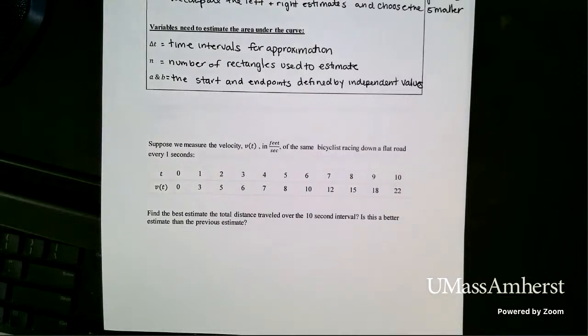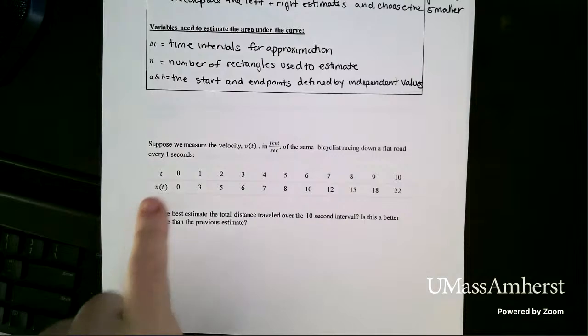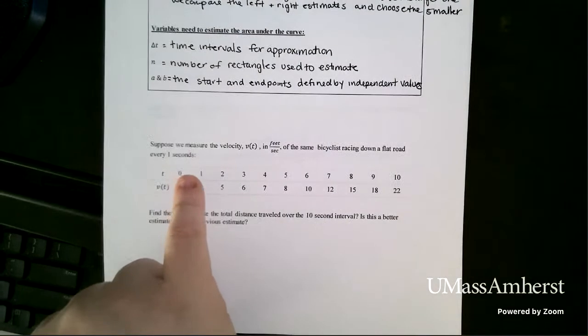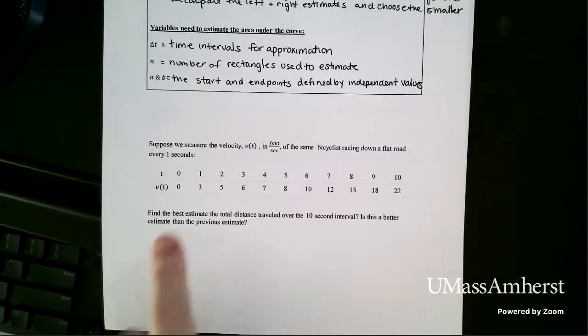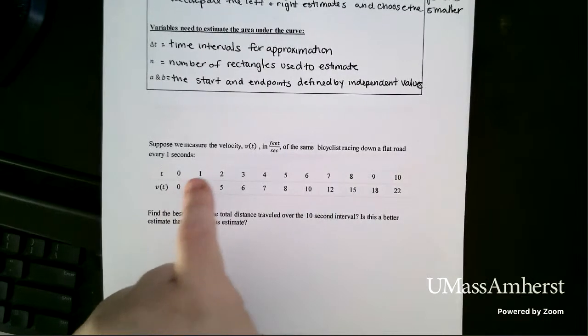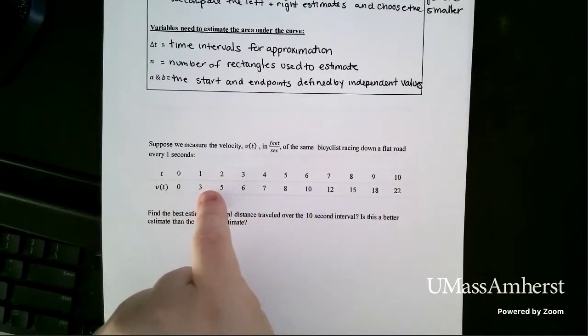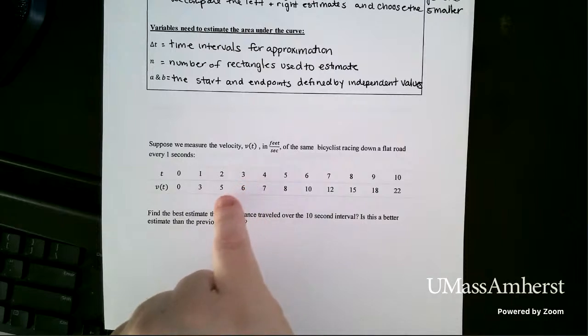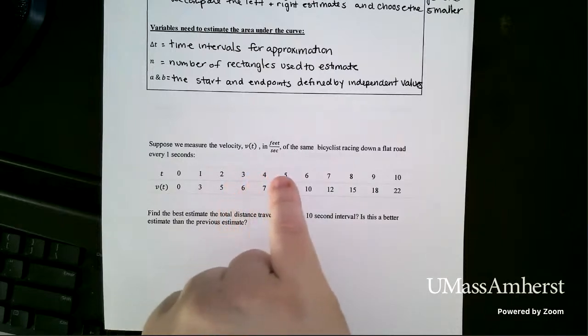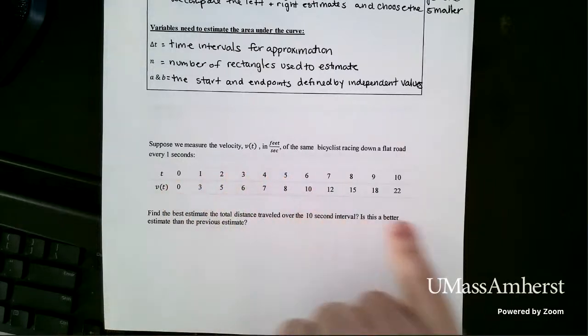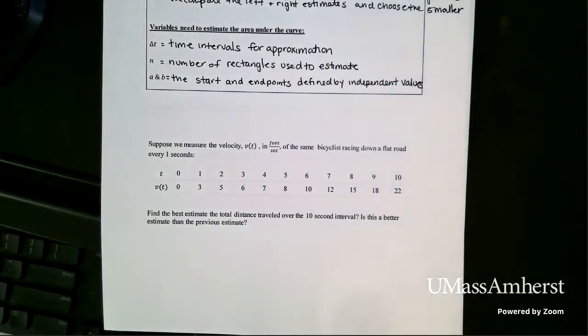So I'm going to have you try this. Again, we're going to do rate times time for each interval. So from time 0 to time 1, that's 1 interval. We're going to pick the rate on the left. And from time 1 to time 2, you pick the rate on the left. So everything's going to be multiplied by a 1 here. And then you'll do the right-hand approximation. Okay, and then we'll compare.